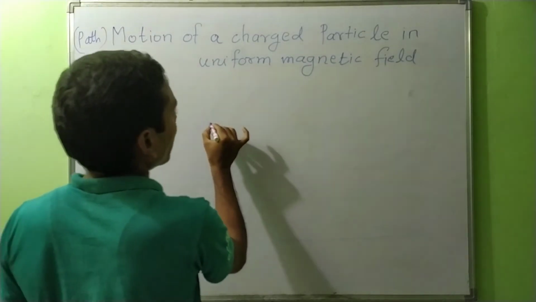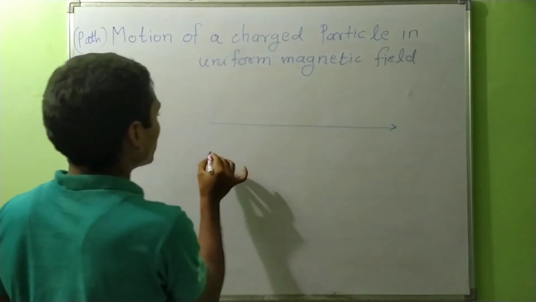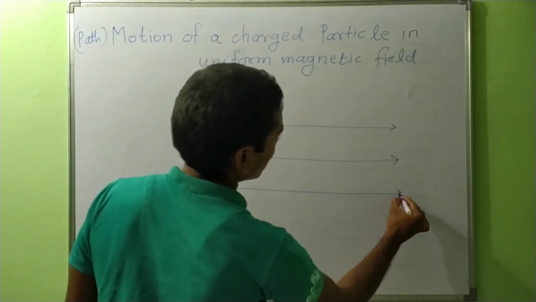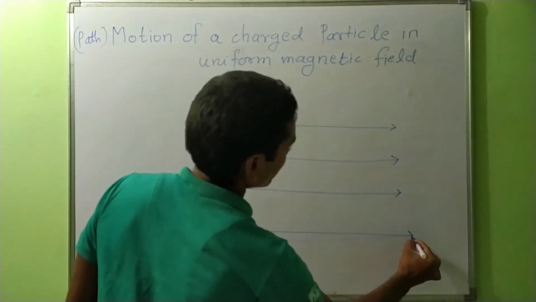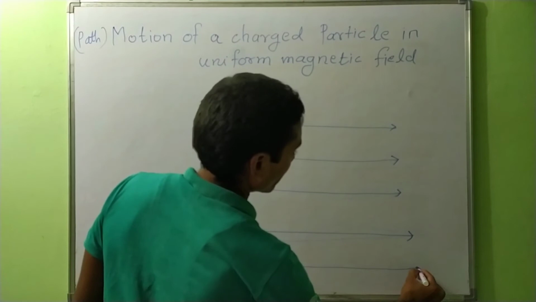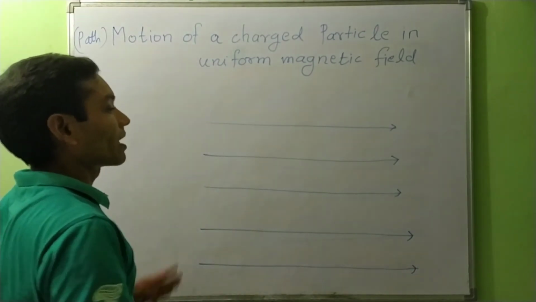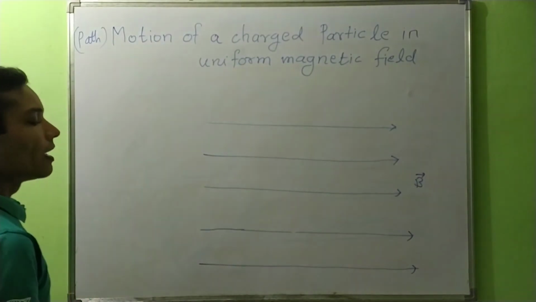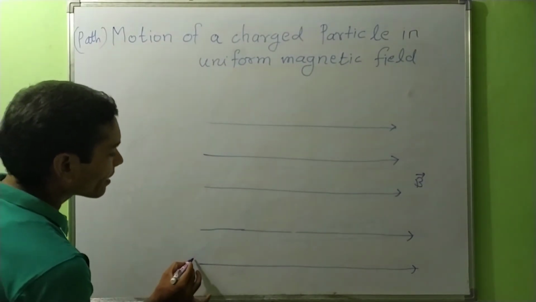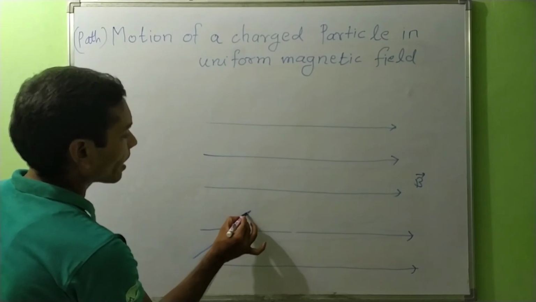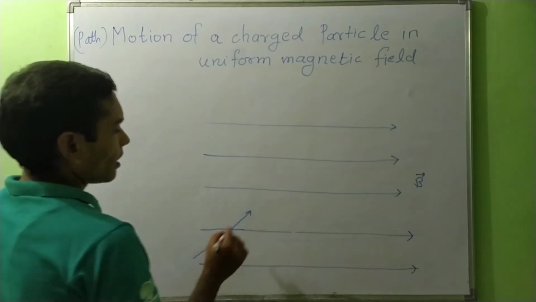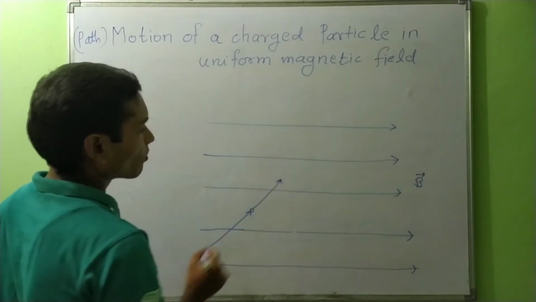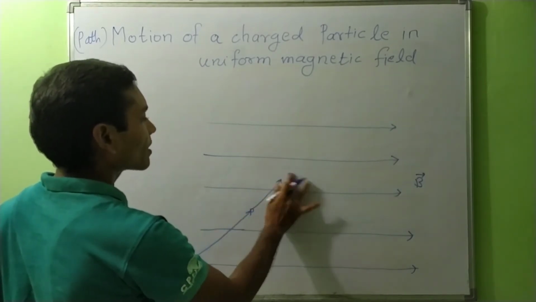Let the uniform magnetic field be represented here by the parallel lines. This is the uniform magnetic field, and you know that the direction of uniform magnetic field is left to right hand side. Okay, let the charged particle enter into the magnetic field along this direction. At that point, the direction of velocity or motion will be along this direction.